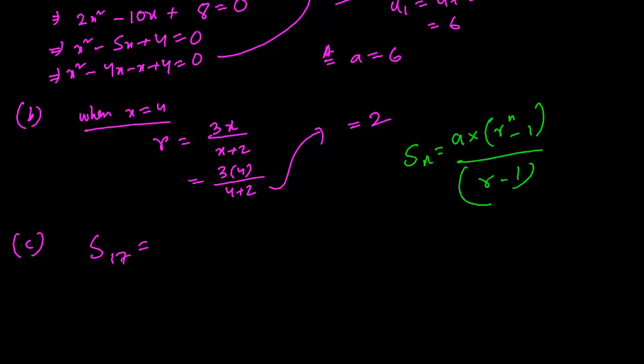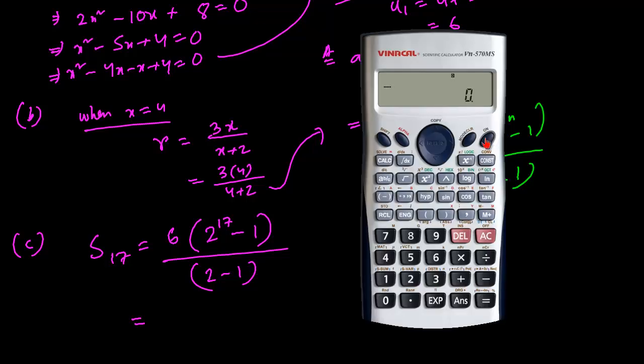So the first term is 6 multiplied by 2 to the power 17 minus 1, divided by 2 minus 1. We can use the calculator directly to find the value. So 2 to the power 17, minus 1, multiplied by 6. And this turns out to be 786426.